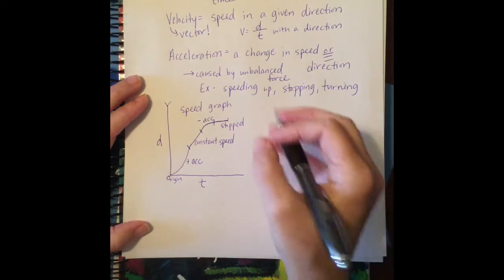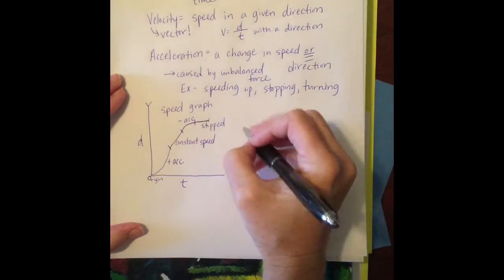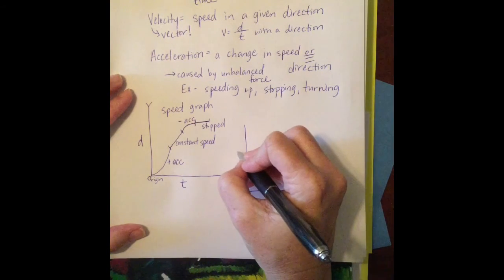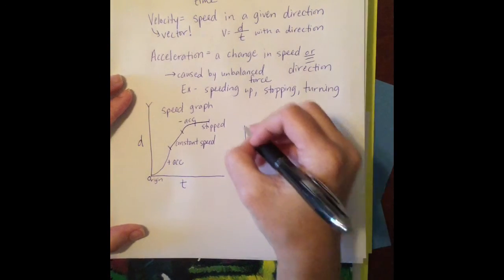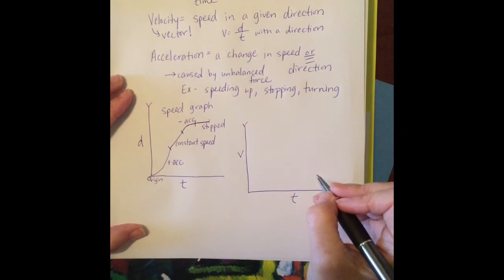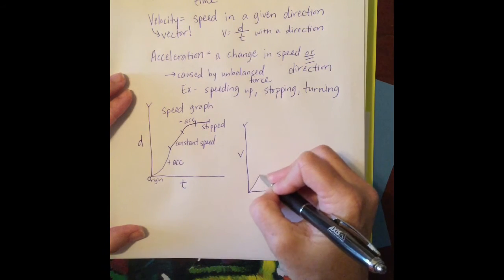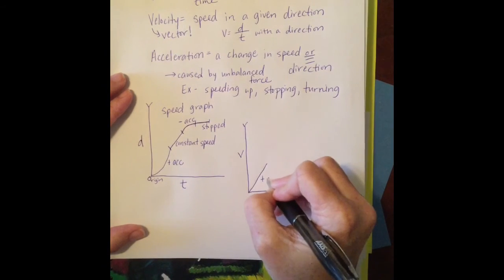The next motion graph we need to look at is going to have speed or velocity on the y-axis with time still on the x-axis. So when you have a straight line, that is going to show you positive acceleration or speeding up.